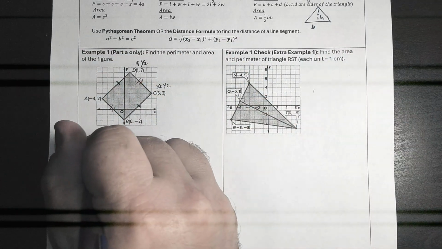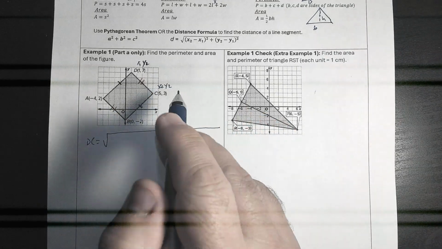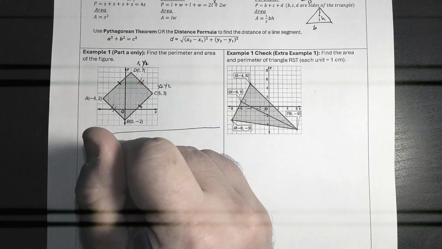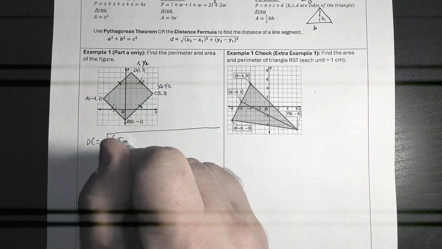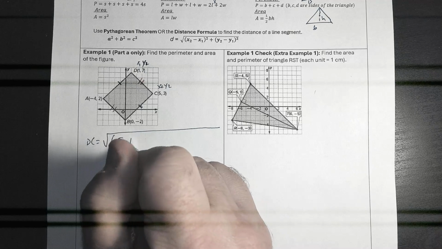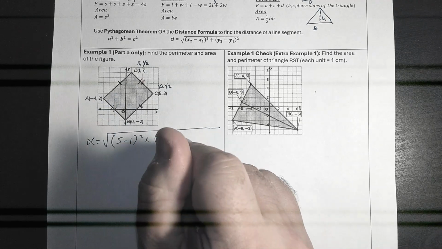So DC is the distance. We've got the formula here, so I'm not going to write it again. We start with our x's, so 5 minus 1 squared plus 3 minus 7 squared.